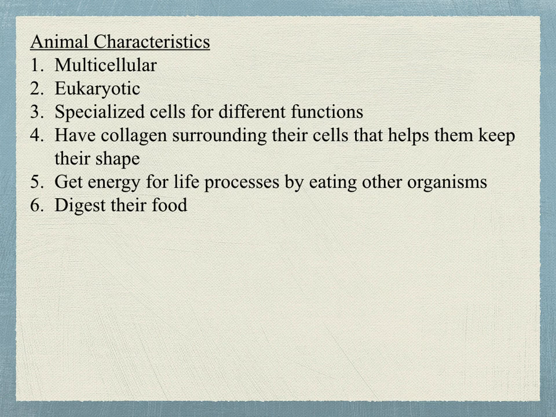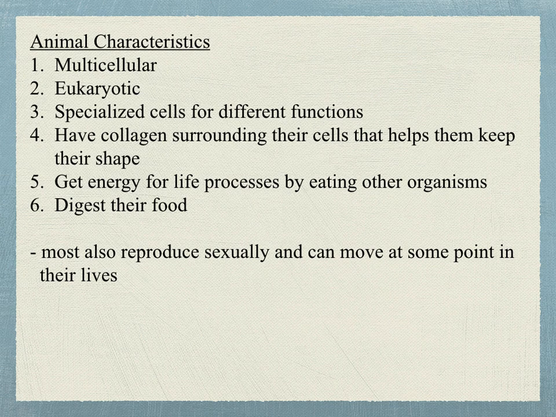Now, there are a couple other things that most animals can do. Most animals reproduce sexually. If you remember back, if something is going to reproduce sexually, that means you have to have a sperm and an egg from different parents that are going to fuse to fertilize and form the baby, basically. Another thing that most animals can do is move at some point in their lives. Now, not all animals move throughout their entire lives.